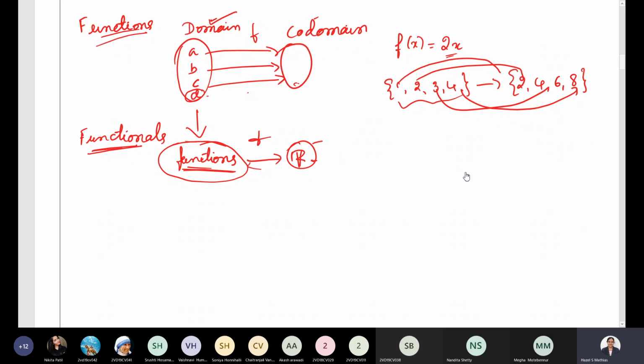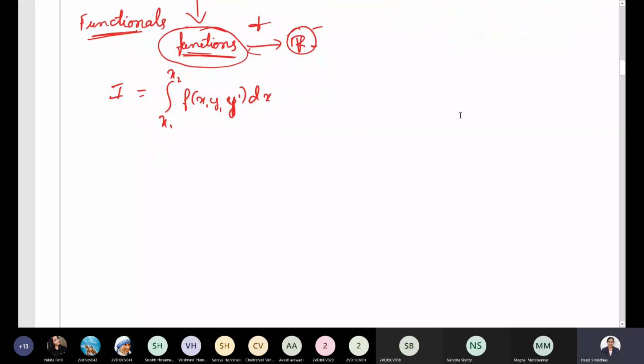Then we represent functionals in terms of definite integrals. It is given by I is equal to the integral from x1 to x2 of f of x, y, y dash, dx. Then we derived a necessary condition for the functional to achieve an extremum.